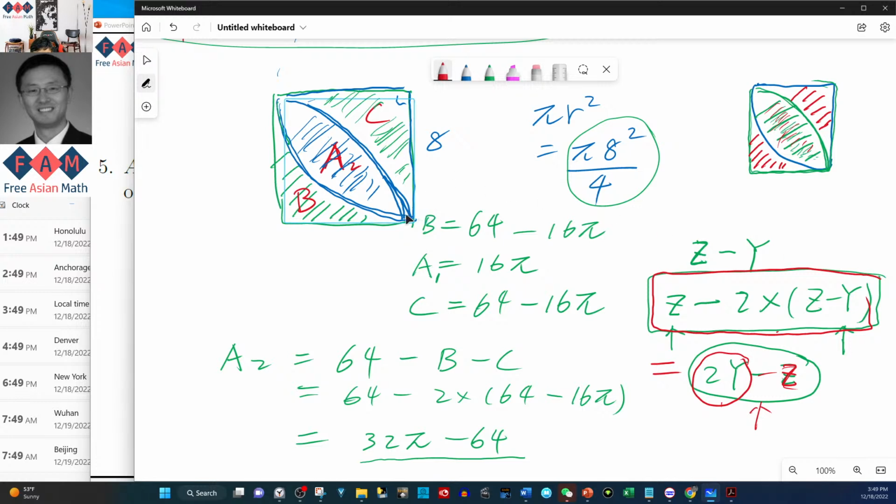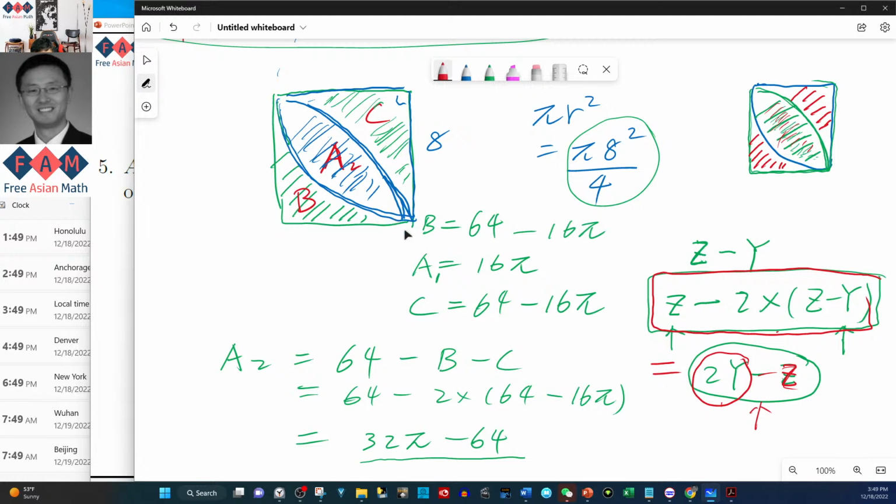And one takeaway is that if the figure looks complicated, try not to do everything all at once. Try to take one part of the figure at a time. In this case, we have two curves.